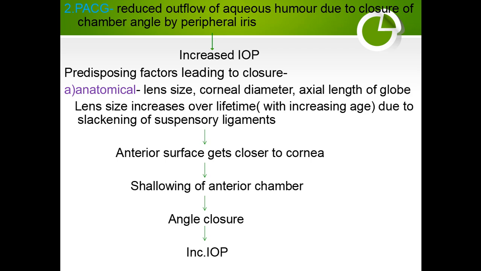When there is loosening of the suspensory ligaments, the lens size will vary. So this leads to the anterior surface getting closer to the cornea. This leads to shallowing of the anterior chamber. It leads to angle closure and it leads to increased intraocular pressure.